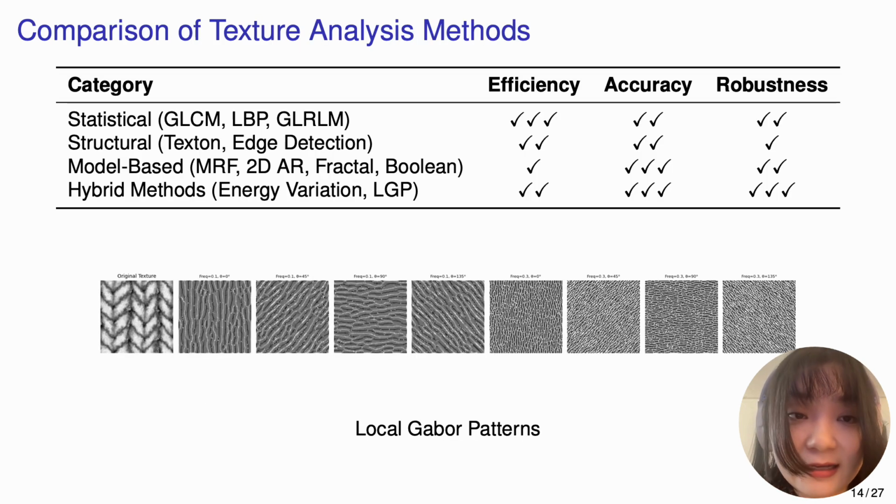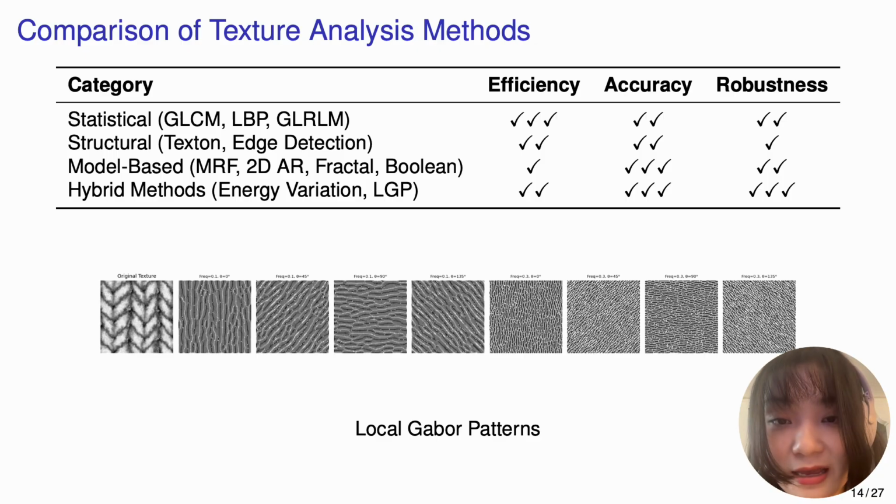And here I list a table to compare texture analysis methods. The statistical methods like gray level co-occurrence matrix, local binary pattern, and gray level run length matrix are efficient but less accurate and less robust.